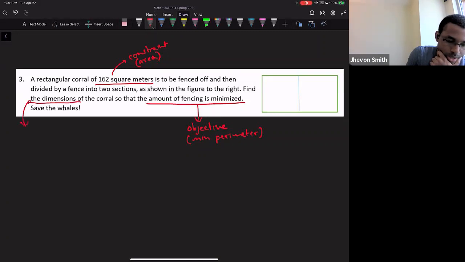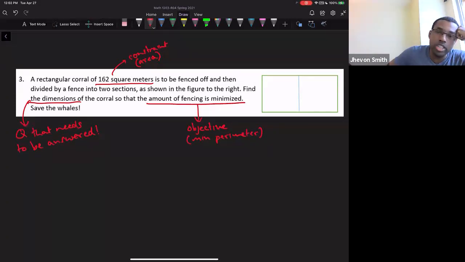So this is the question that needs to be answered. Okay, so we're constrained by area. We want to minimize the perimeter, and I need to tell you the dimensions that would satisfy that, assuming that we're building a corral of this type.